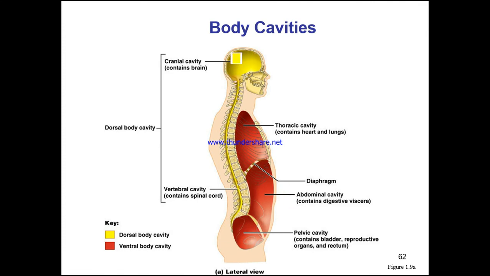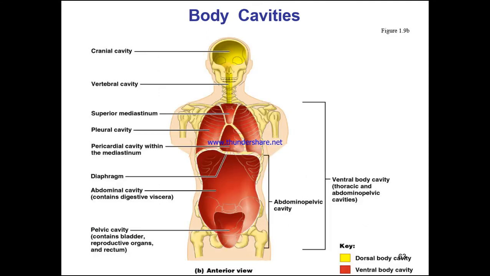Here we can see a schematic cross section. The cranial cavity contains the brain, the dorsal body cavity; the thoracic cavity contains the heart and the lungs, to the region of the diaphragm; then the abdominal cavity and the pelvic cavity. Cranial cavity, vertebral cavity, superior mediastinum, pleural cavities, lungs, cardiac, abdominal, pelvic cavity.